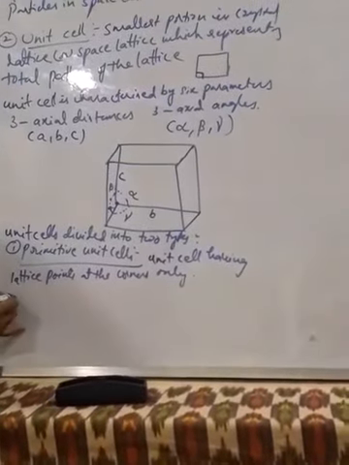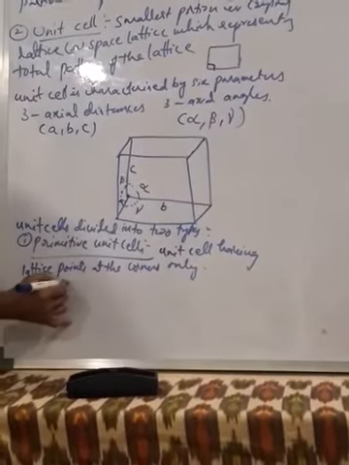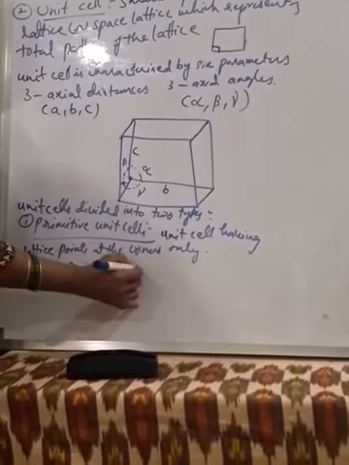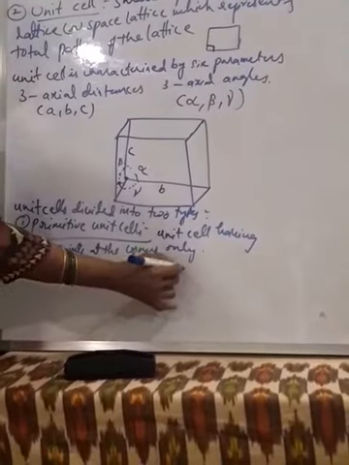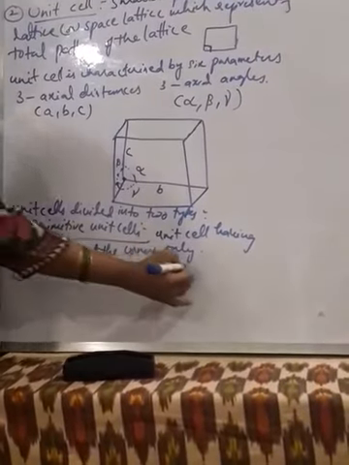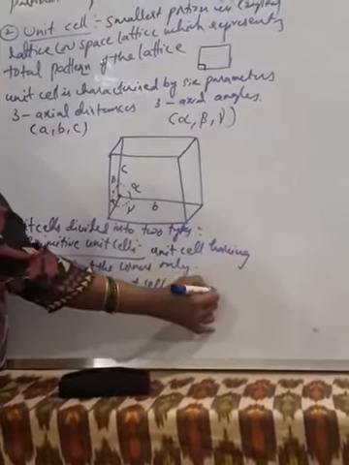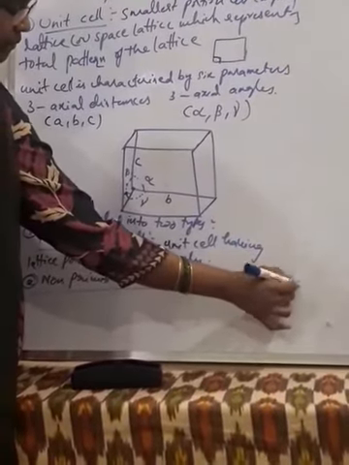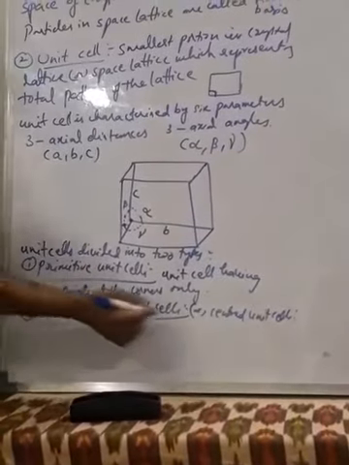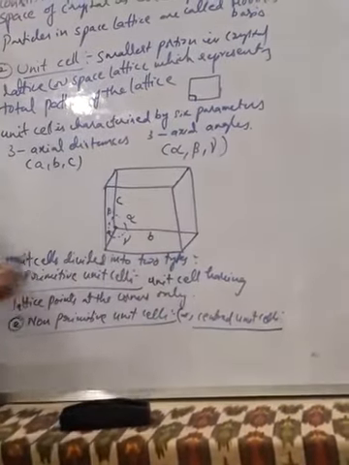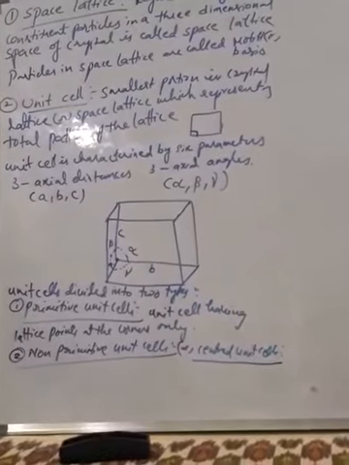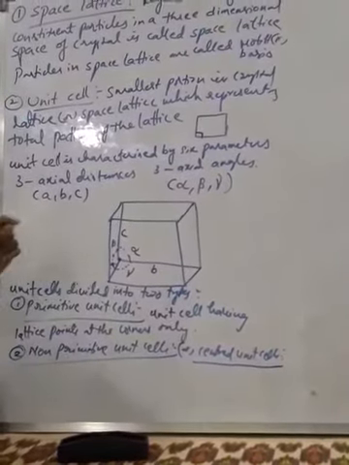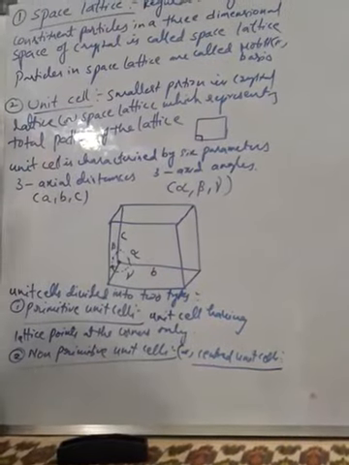Okay. And non-primitive unit cells. So non-primitive unit cells are also called as centered unit cells. So non-primitive unit cells or centered unit cells are unit cells which contain corner points and also lattice points at the centers.